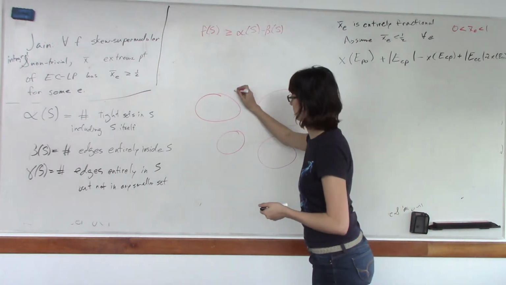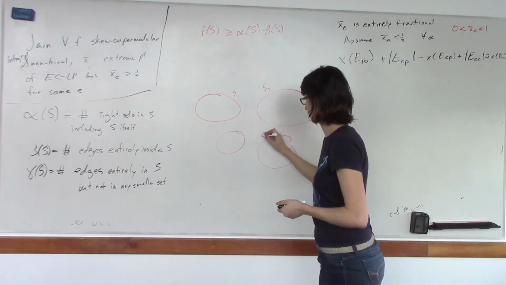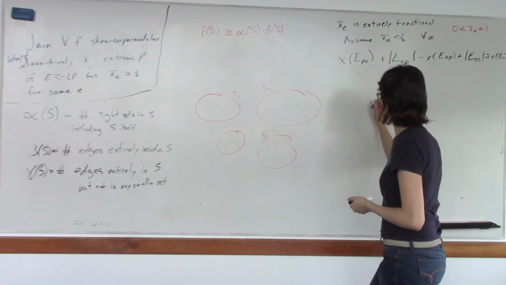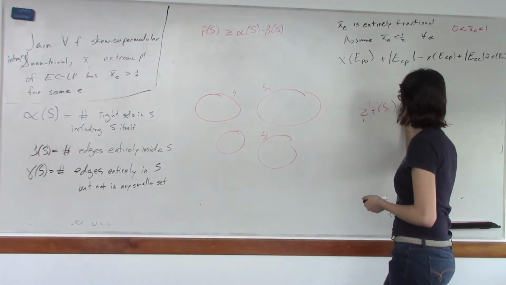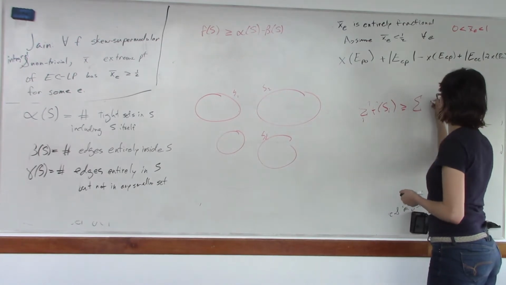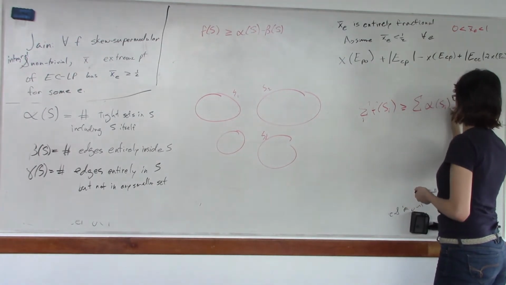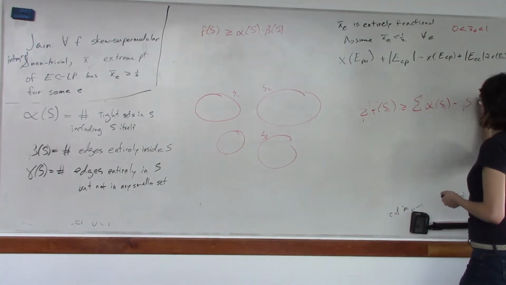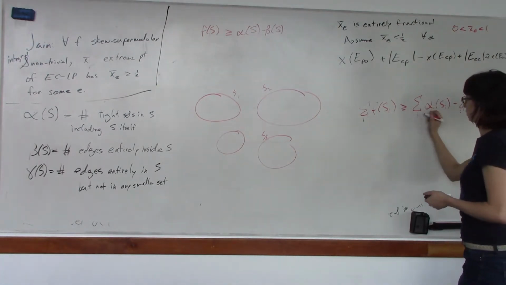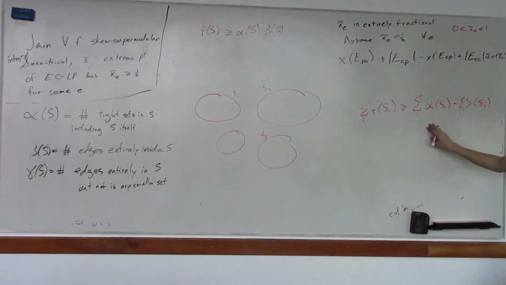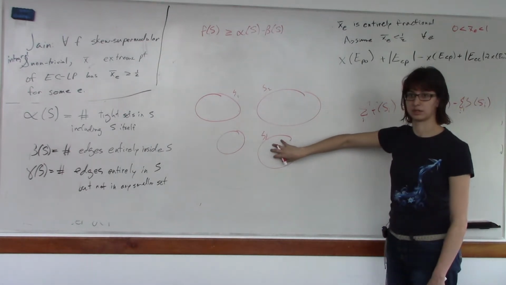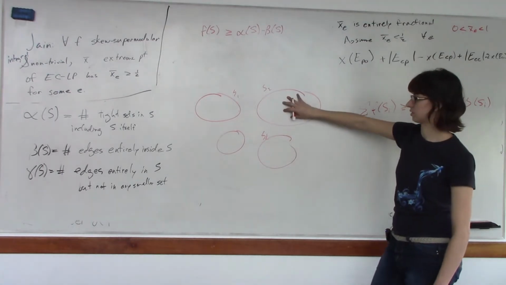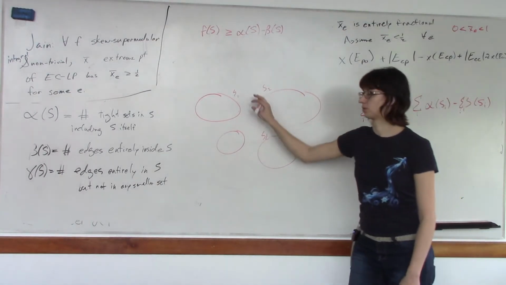We have the sum of f of Si is greater than or equal to the sum of alpha Si minus beta Si. This is just summing over all the sets contained in here, including this one, and so on.